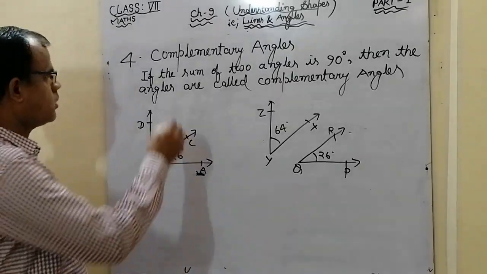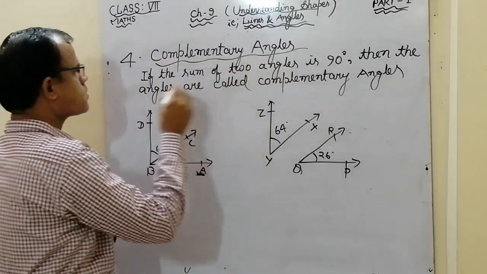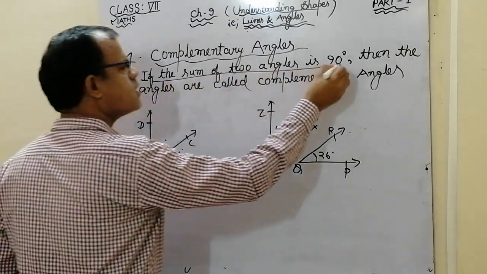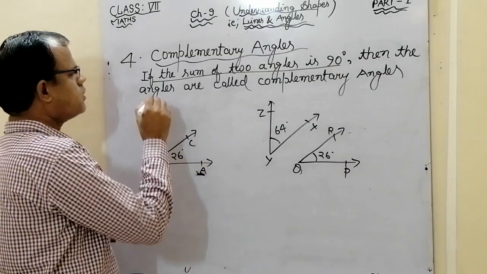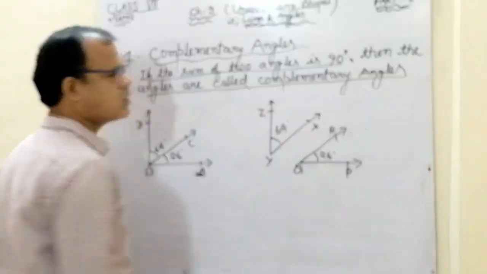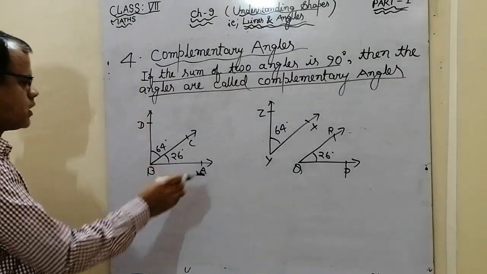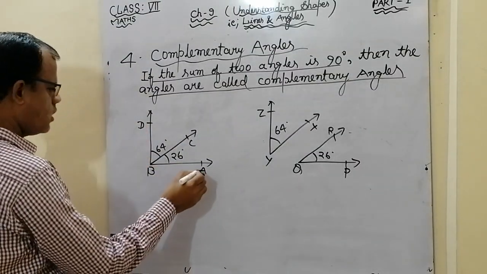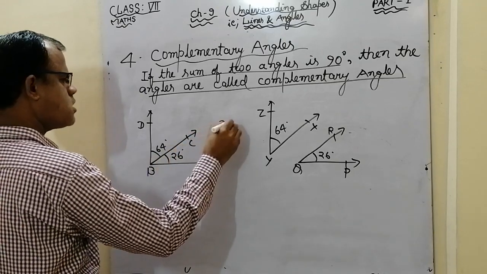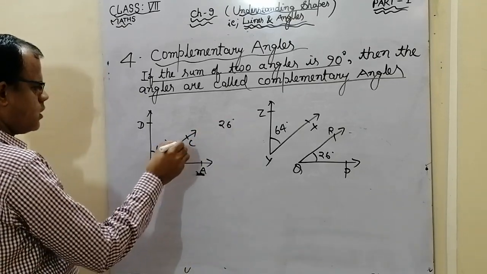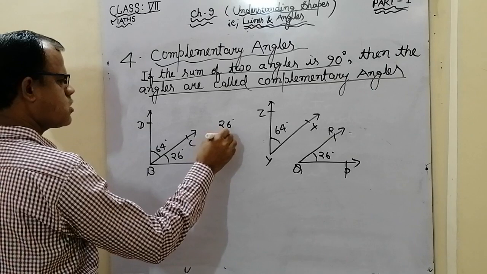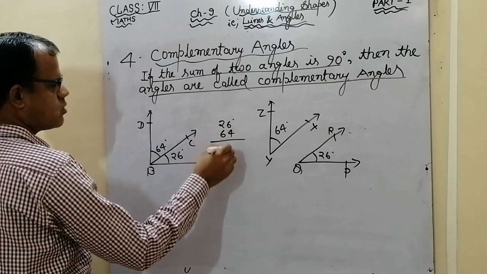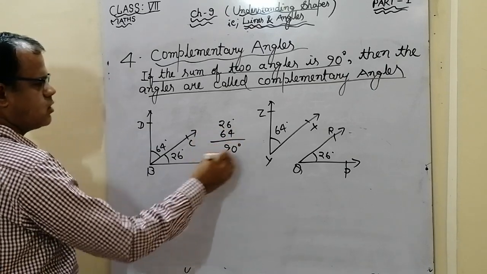Yes student. Next, complementary angles. If the sum of two angles is 90 degrees, then the angles are called complementary angles. Look here, in this figure you can see angle ABC is 26 degrees, and angle CBD is 64 degrees. So their sum is 90 degrees.